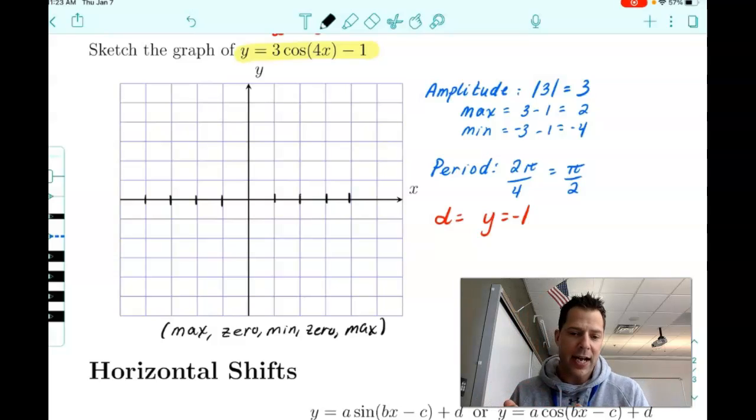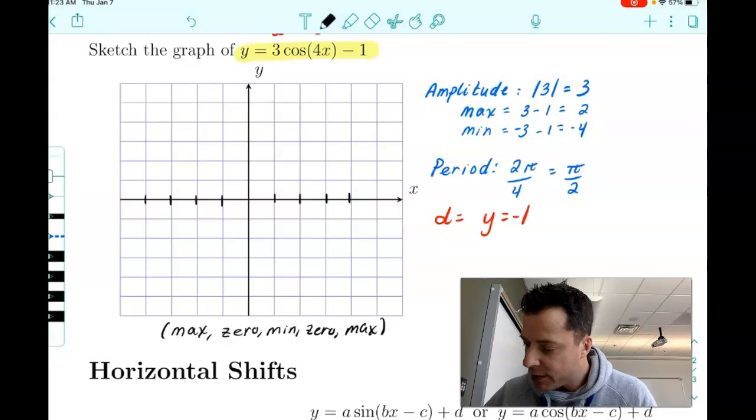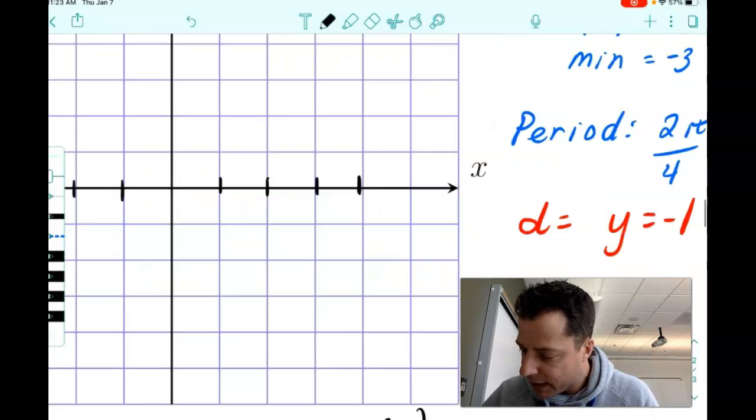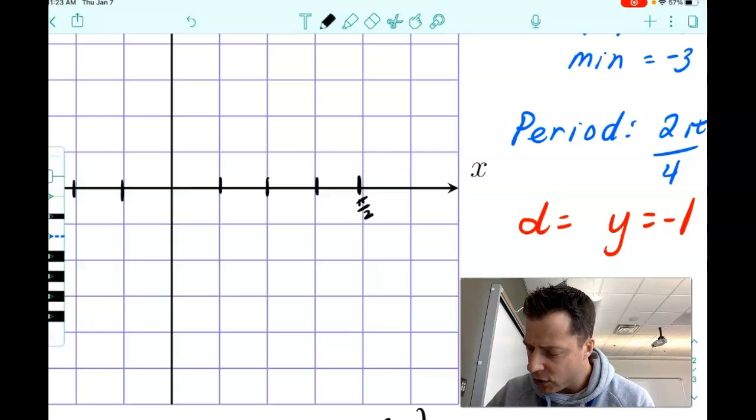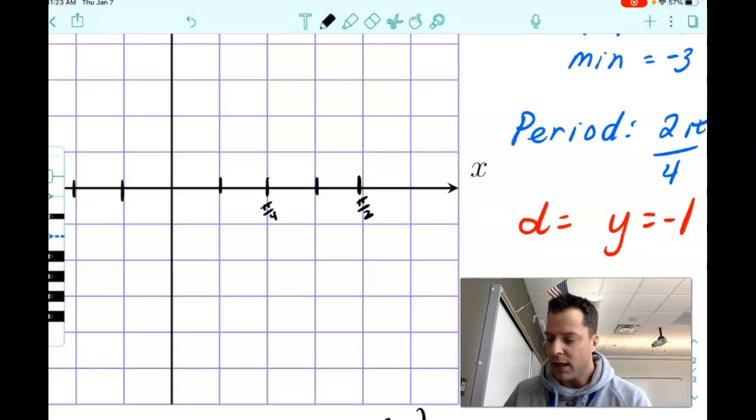I use that in parentheses so I don't have to plug in all these tick mark values that I'm going to find here in a minute. Our last tick mark value, remember, is our period value. We want these to be in fourths. So pi over 2, take half of pi over 2, you get pi over 4. And then pi over 8 is this.